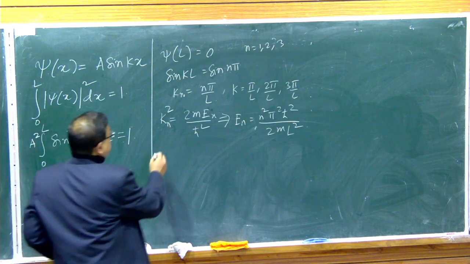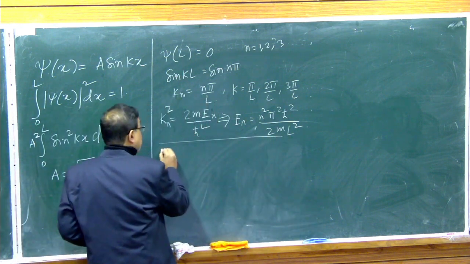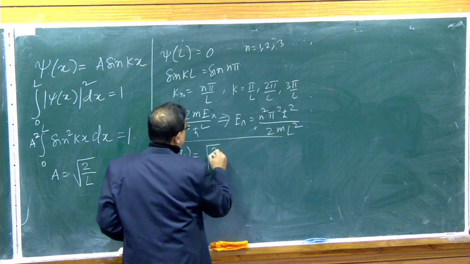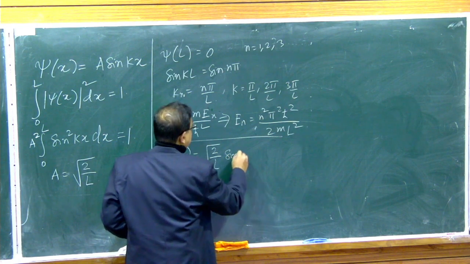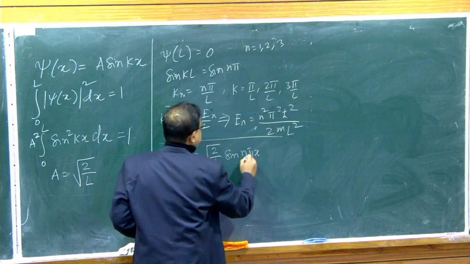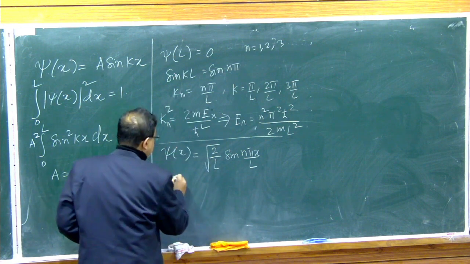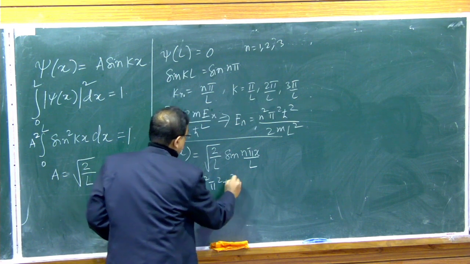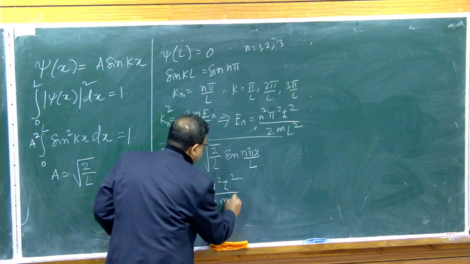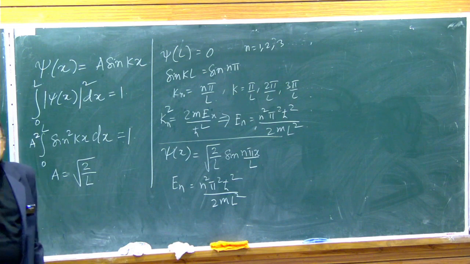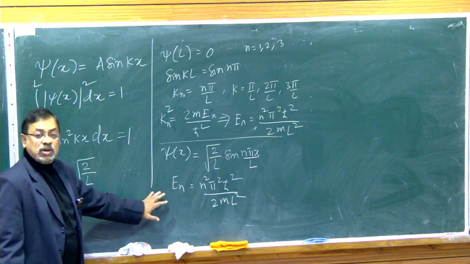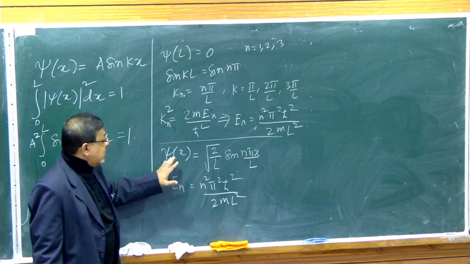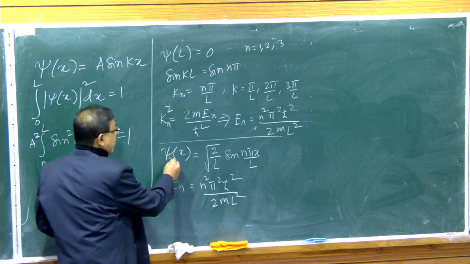So the problem is now solved. psi is equal to root over 2 by L sine n pi x by L, and the energies are n squared pi squared h cross squared over 2m L squared. These are called the eigen solutions of the problem. The eigenvalues are given by En, and the wave function, you can again put an n there.